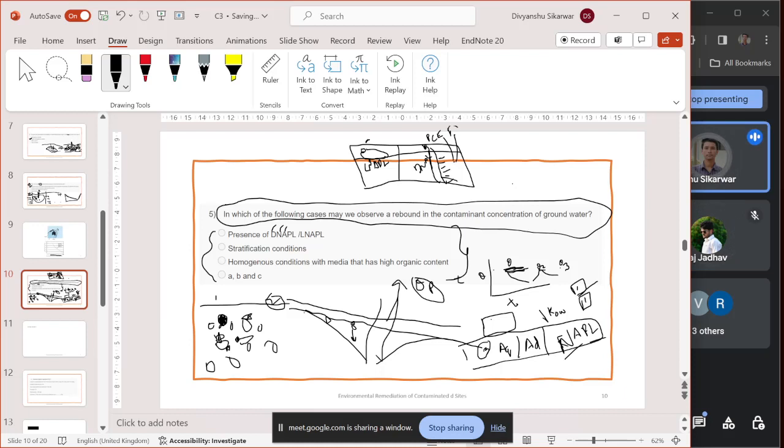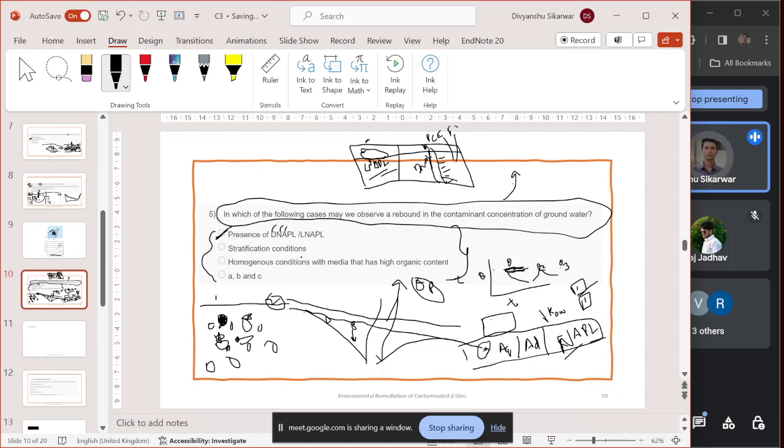Again, water will replace the removed water, and some of this PCE will again get dissolved in the water, and there will be a rebound in the concentration of PCE. The same thing will go for LNAPL, right? So from this, we can note that the presence of DNAPL or LNAPL will support the rebounding of contaminant concentration in groundwater. This option is correct.